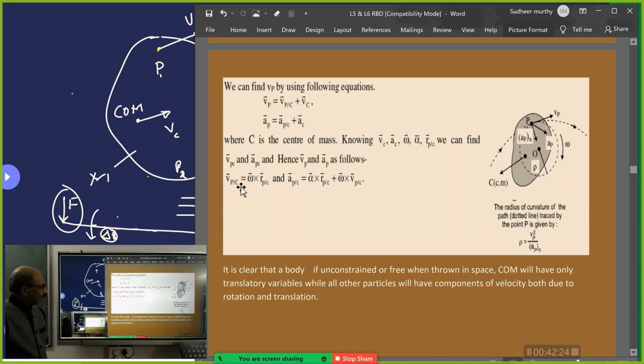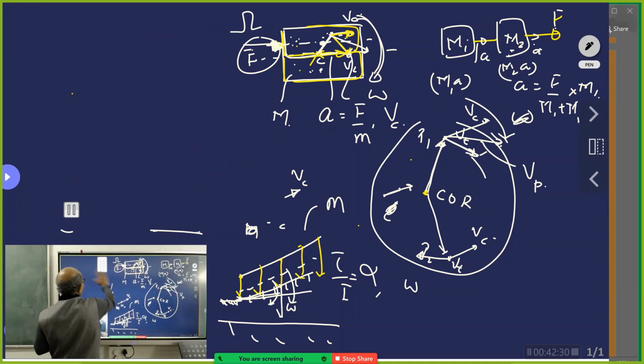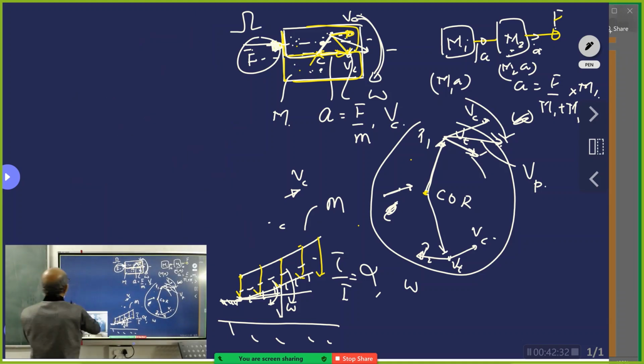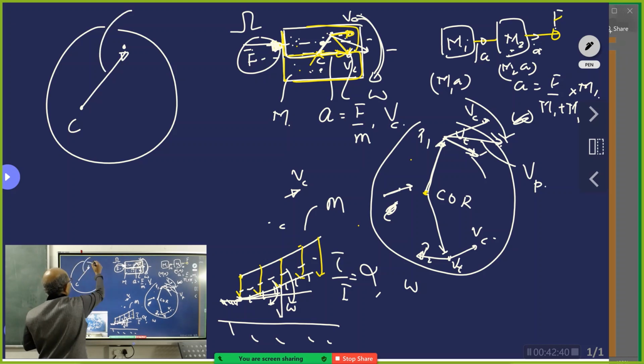Now, if I differentiate this, I will make it clear to you. This is the center of mass and this is the particle. So this line becomes what? RP with respect to C, R bar of P with respect to C. Got it?